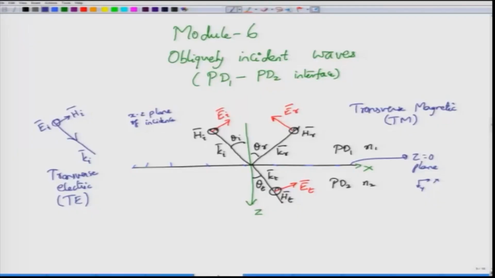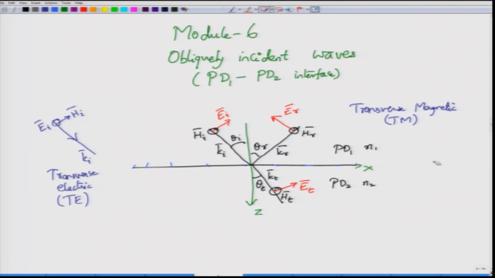Okay. This is a perfectly valid way of approaching this problem, and as an example we will look at the transverse magnetic case. I will leave the corresponding derivations of transverse electric to you, right. So, I will not consider further the transverse electric case, I only consider the transverse magnetic case.